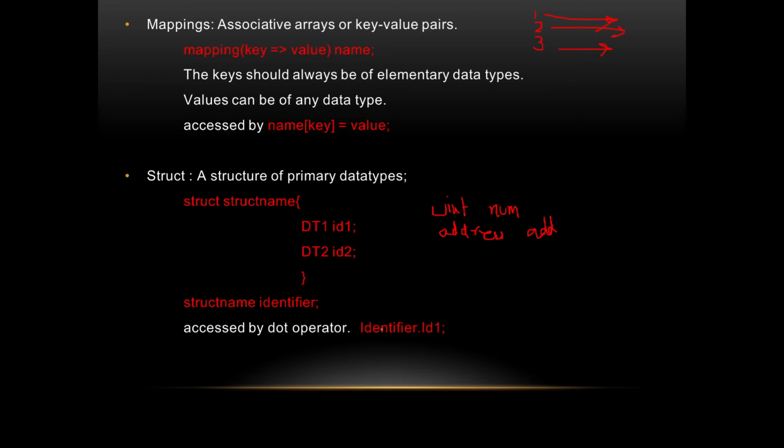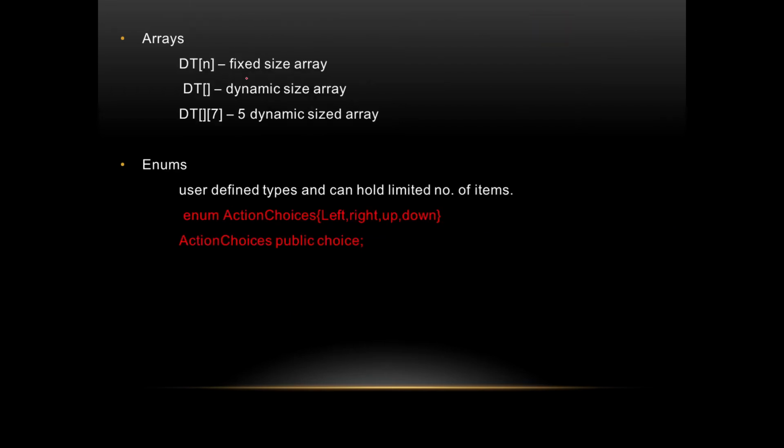Identifier is the name of the variable. So you can easily write identifier dot, let's say id1, which is the num, identifier dot num, and you can set it to any value, like equal to 4. So this is how structs work.